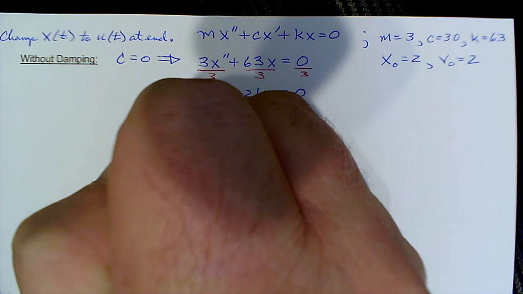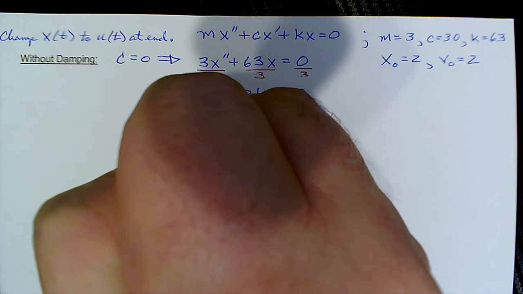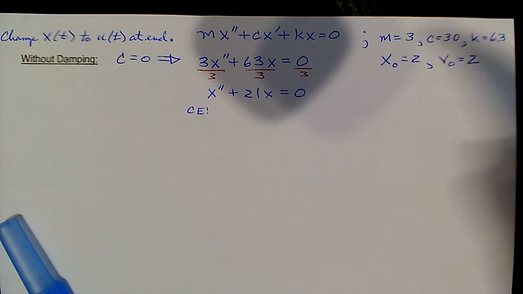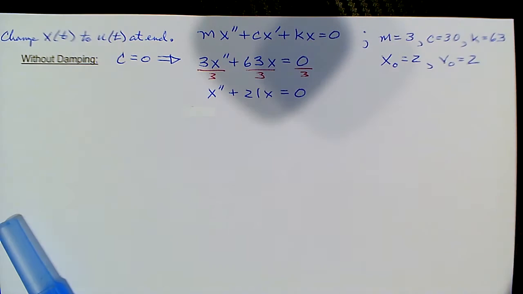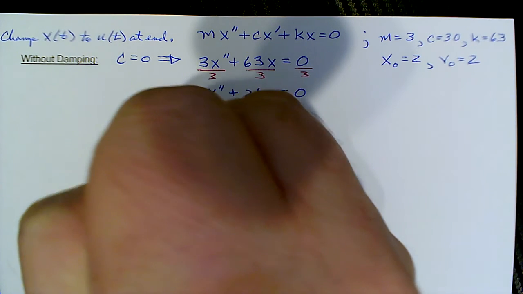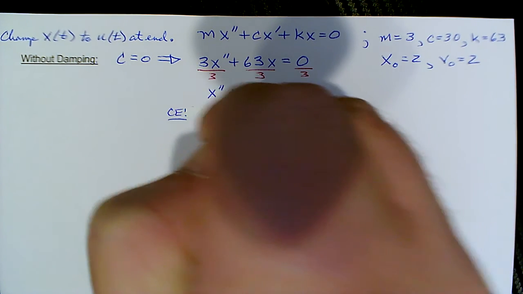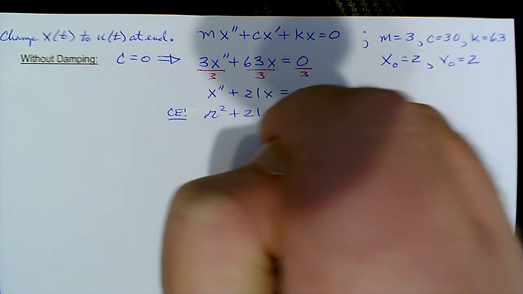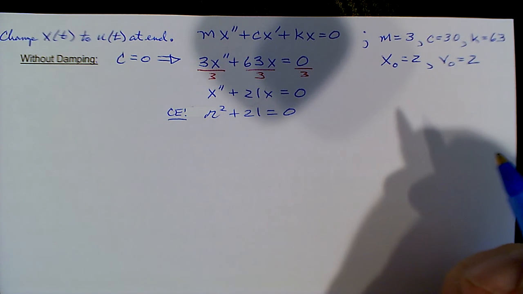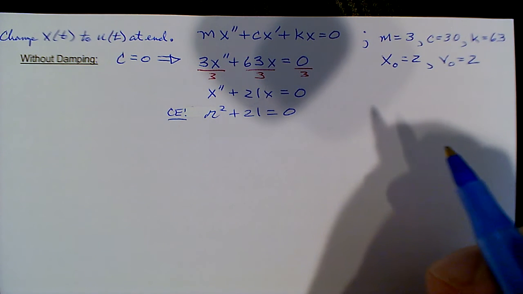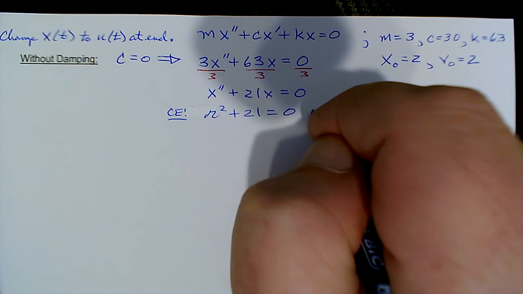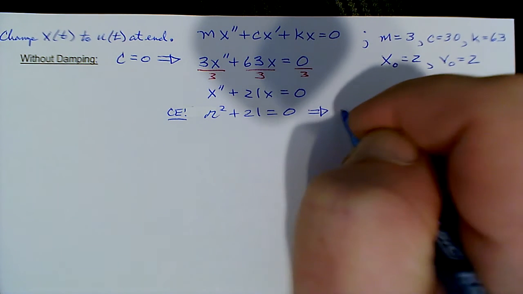Okay, the characteristic equation then would be r squared plus 21 is equal to 0. Okay, so there's a quadratic with no linear term. So the easiest way to solve that is to isolate the r squared.